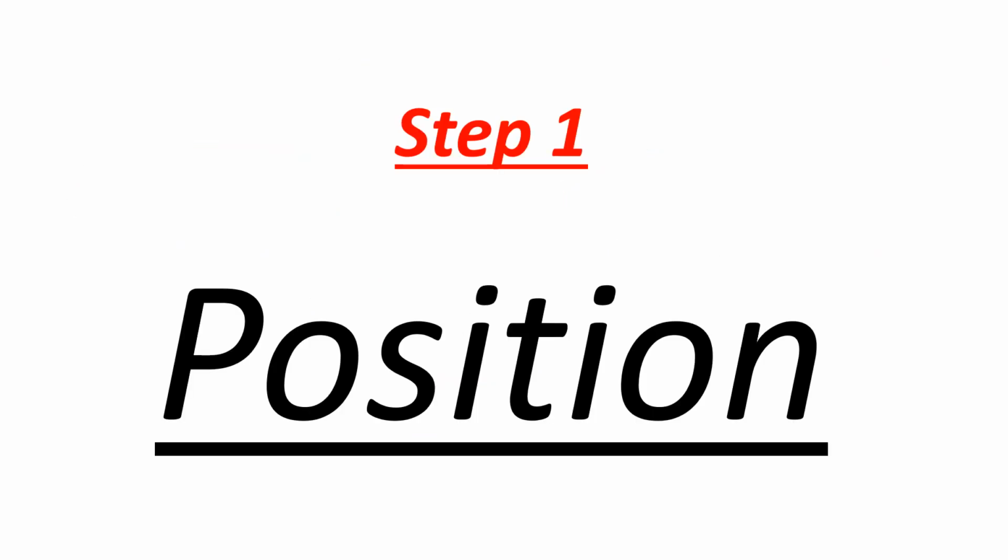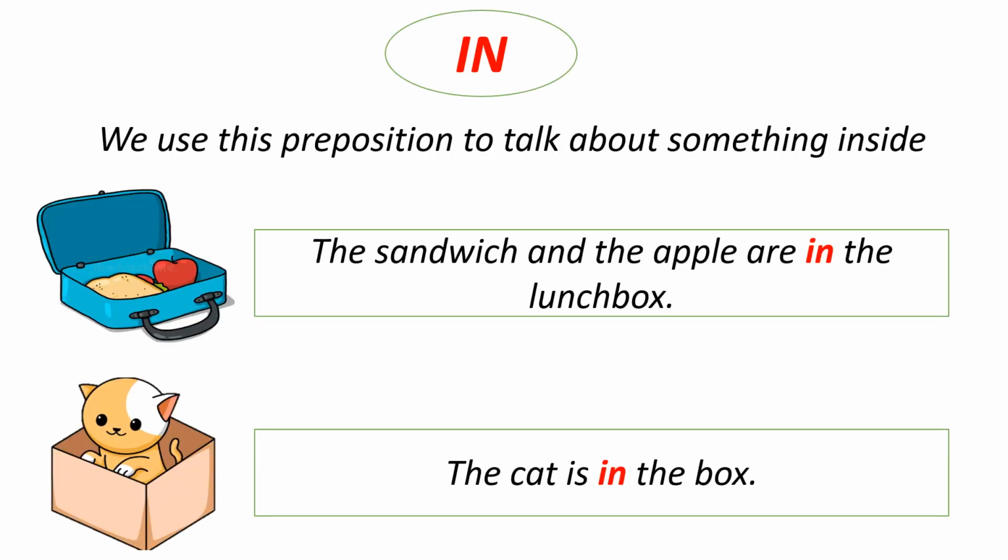We will start with step 1, position. We use in to talk about something inside. If you see something inside something and you want to express it using a preposition, we use in. For example, the sandwich and the apple are in the lunchbox.